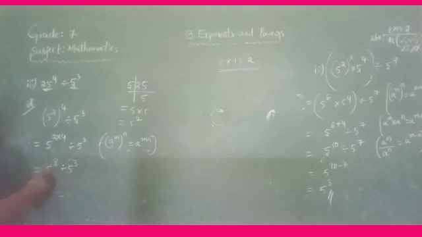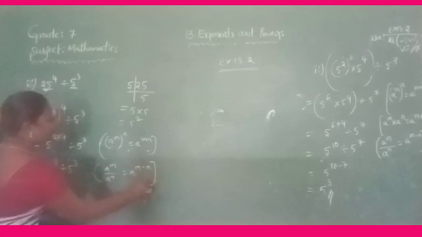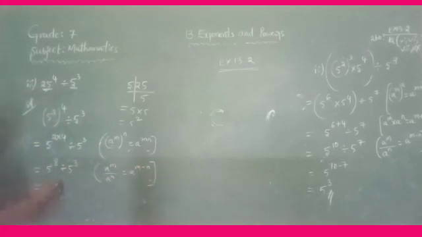In the division, bases are same, exponents different means we have to subtract the exponents, that is a to the power of m divided by a to the power of n is equal to a to the power of m minus n. Then 5 to the power of 8 minus 3. 8 minus 3 is equal to 5. 5 to the power of 5.